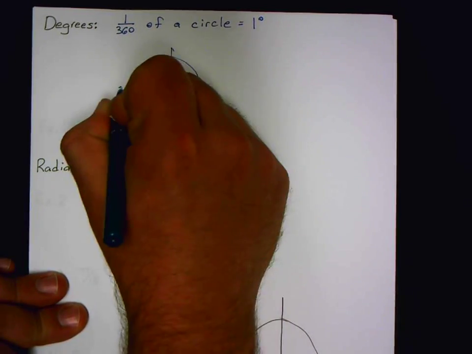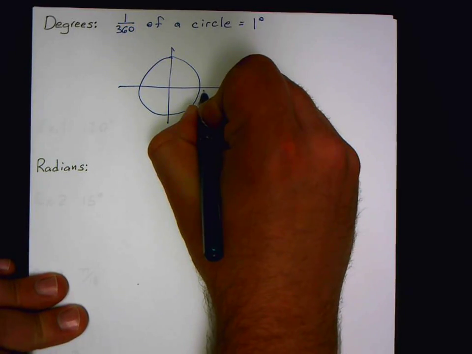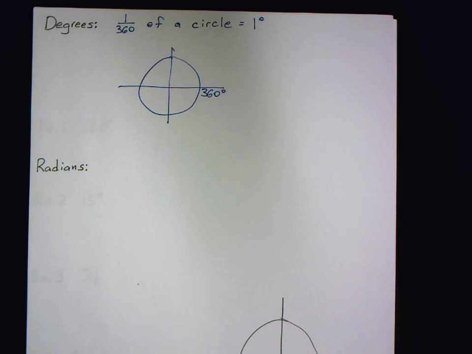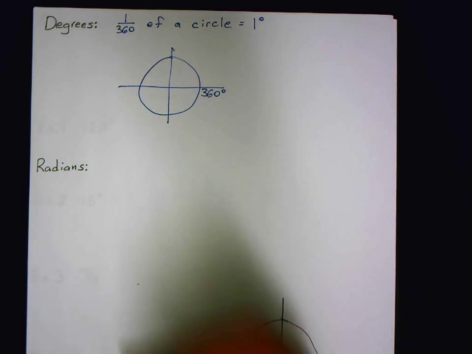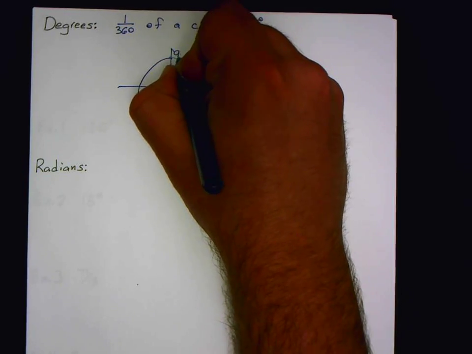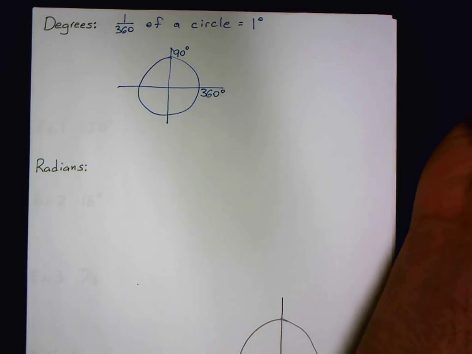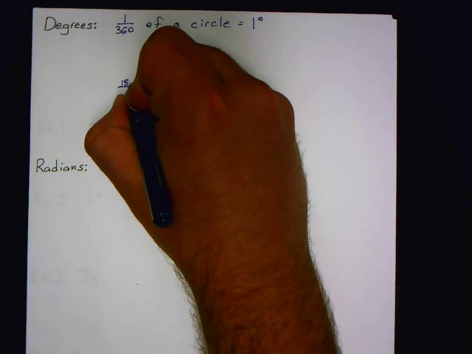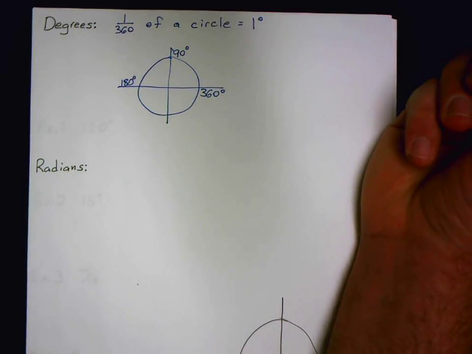So, important parts of a circle. There's 360 degrees in a circle, because 1/360th of a circle is 1 degree. 90 degrees makes a right angle. 180 degrees makes a straight line or a semicircle.